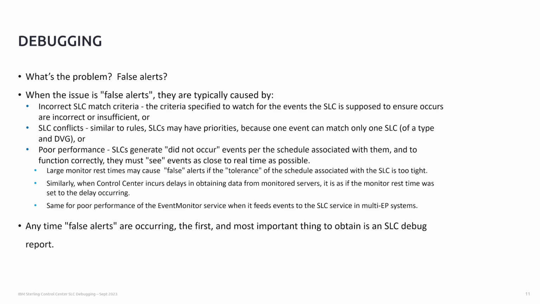That could be because the schedules associated with your SLC are so tight that Control Center can't get the events fast enough to know that your criteria were actually met. So anytime you get false alerts, start off by getting your SLC debug report.